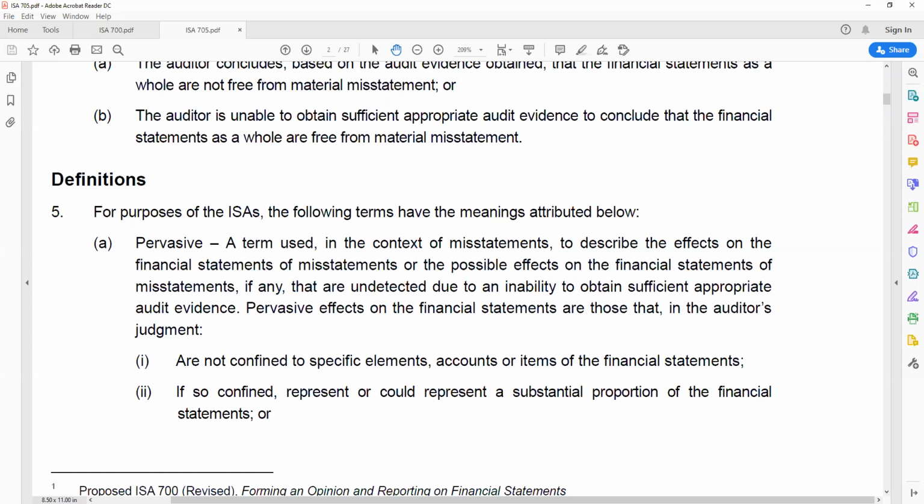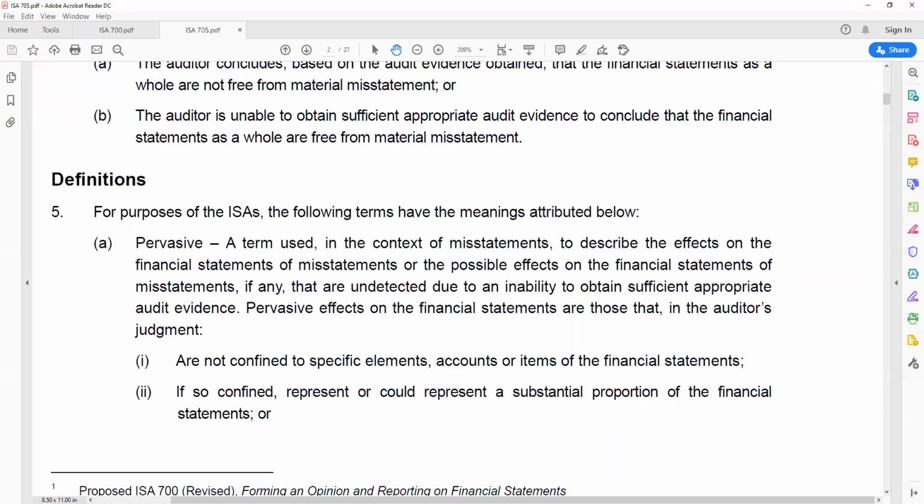Pervasive effects on the financial statements are those that, in the auditor's judgment, are not confined to specific elements, accounts, or items of the financial statements. They're not confined to one specific account, for example, so they affect multiple other areas.